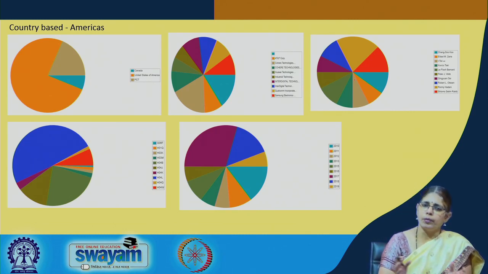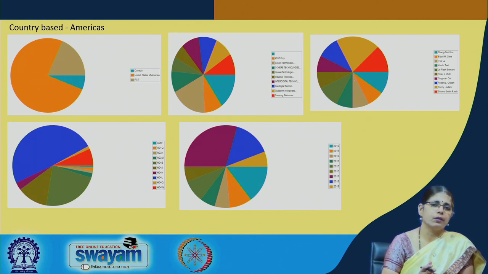Since this is an emerging technology, it is also useful to understand country based information in relation to this particular technology. If you go to the PatentScope website, you can also filter the data as per country. So, you can choose Americas, you can choose Asia. America would be including Canada.